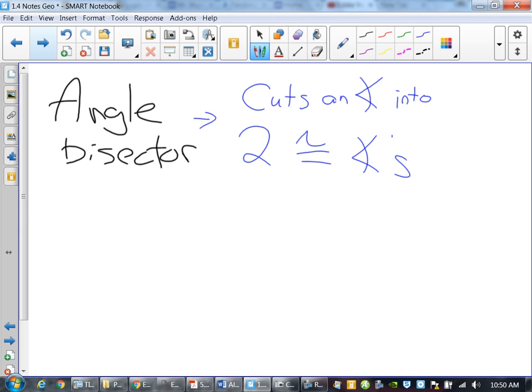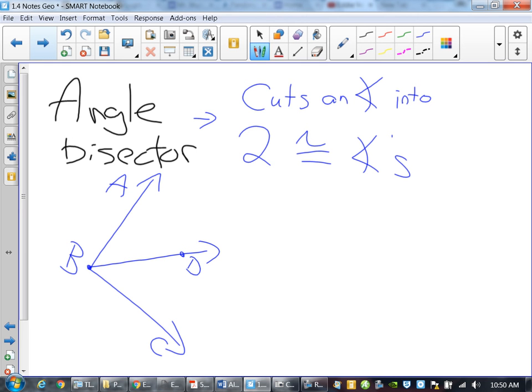So an example of that would look like this. There's my angle. We'll call it ABC. And if I put in another ray, and I call it ray BD, if BD bisected ABC, what are the two angles that are congruent?